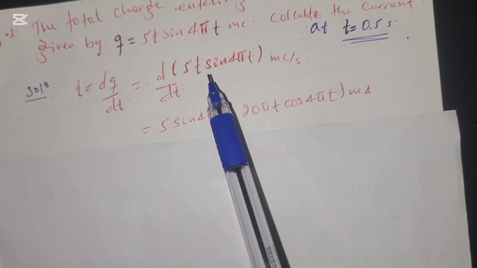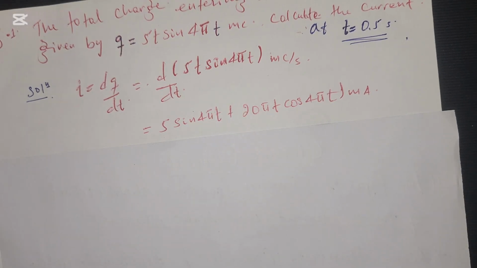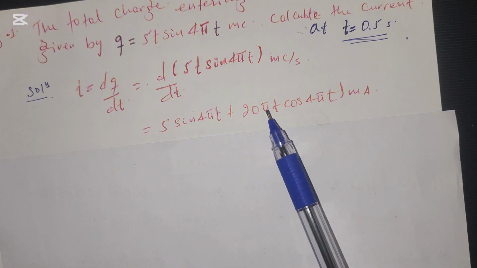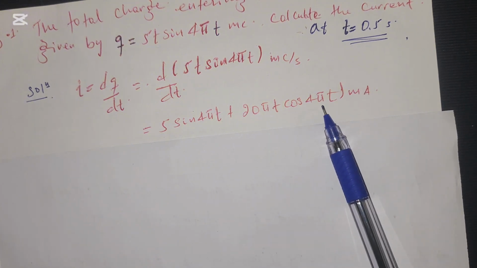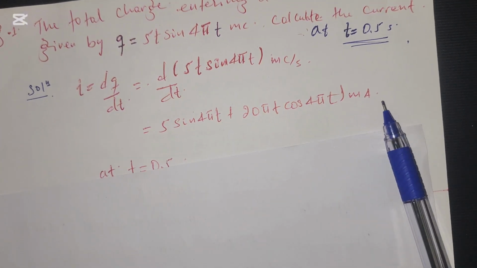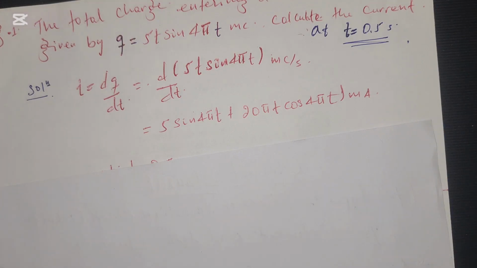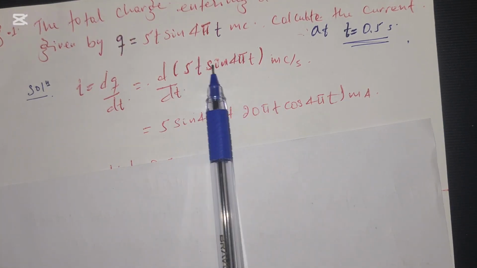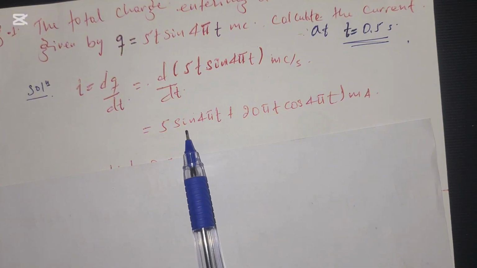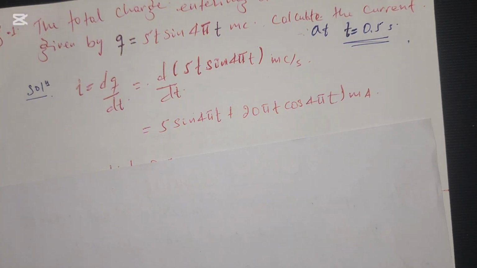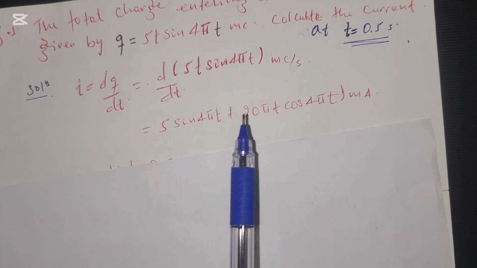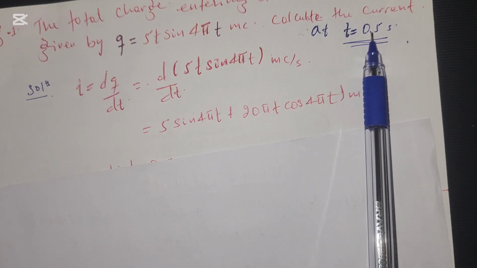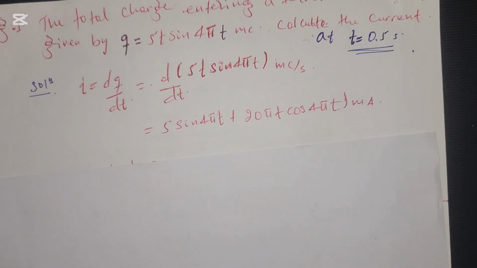The differentiation will be 5 sine 4 pi t plus 20 pi t cos 4 pi t milliampere. We are asked to find the current at t equals 0.5 second.